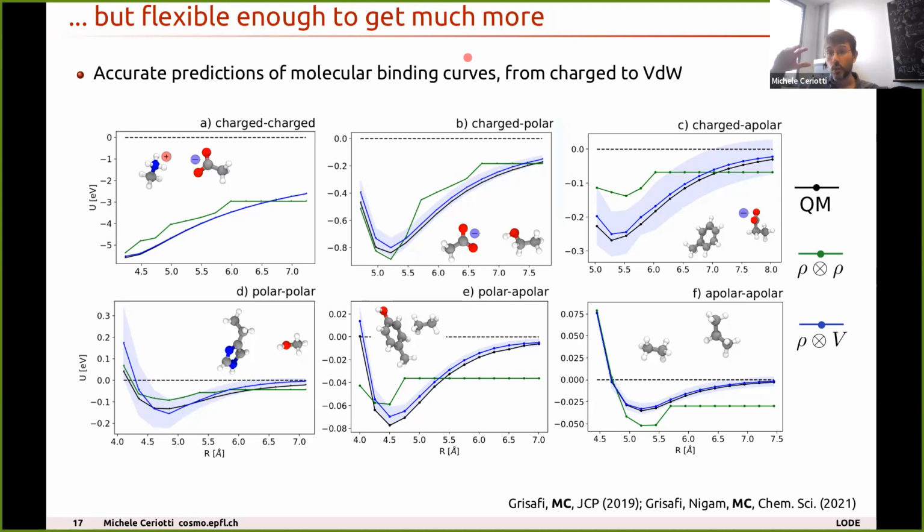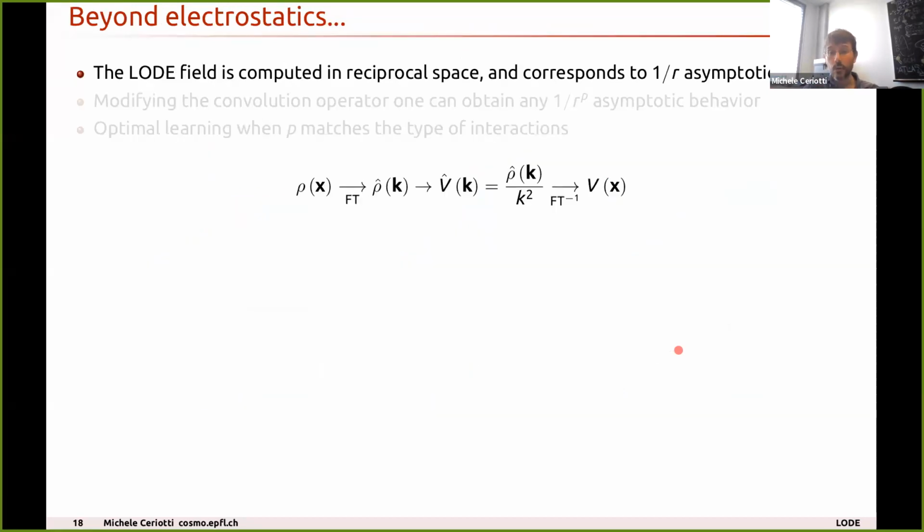So even though we build this in a way that is really tailored to electrostatic interactions, the model has sufficient flexibility, for example, to also learn the interaction between apolar molecules, something like van der Waals interactions. And something that we are doing now is to generalize this idea.